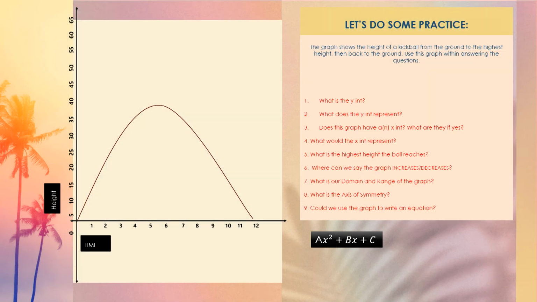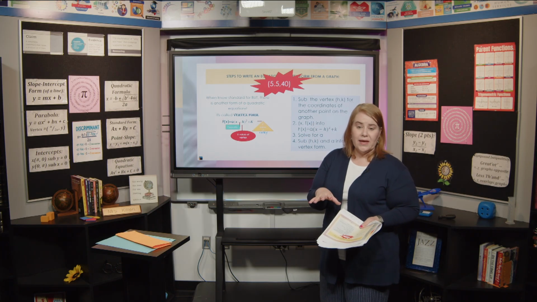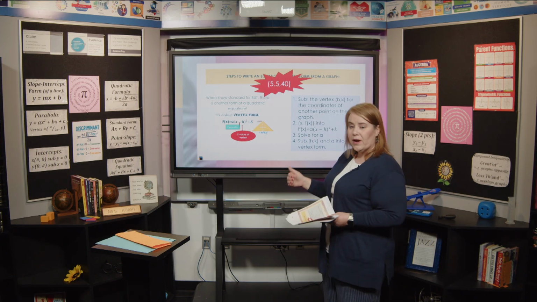We're going to go back and look at here. We had 5.5, 40. So what I want to do is use these numbers and solve for that A. So let's go ahead and do this. I'm going to work it up here. You see if you can work it on your paper as I'm working it, okay?